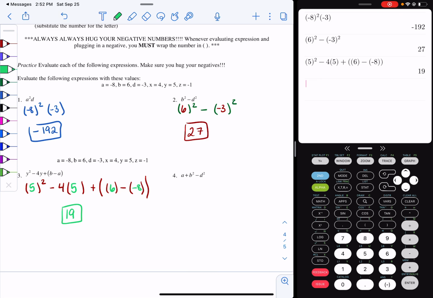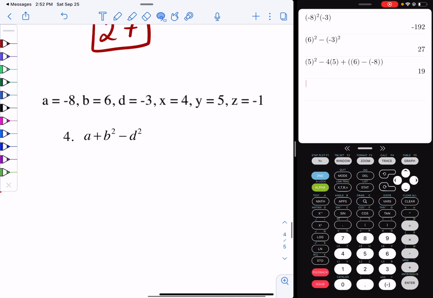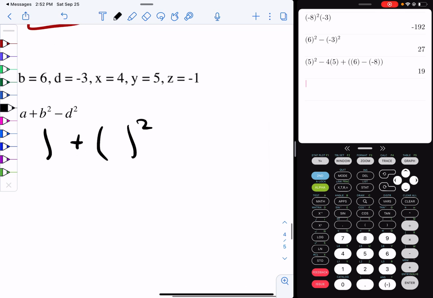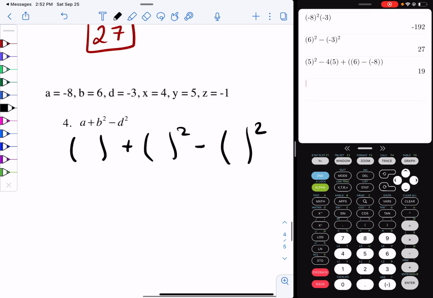Number 4. We want to do a plus b squared minus d squared. So we're making a substitution for a, a substitution for b and squaring it, and a substitution for d and squaring it. So we need to ask ourselves what a is. If we look, a is negative 8. We now need to ask ourselves what b is. B is 6.